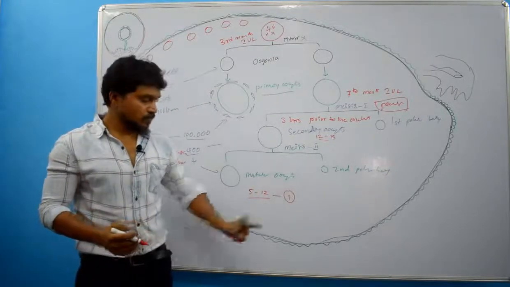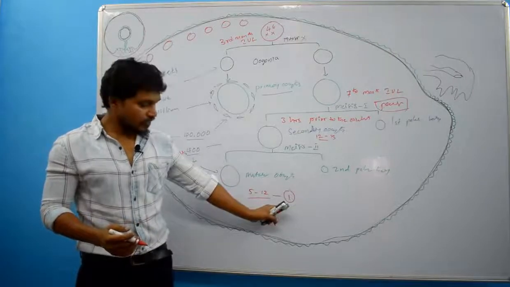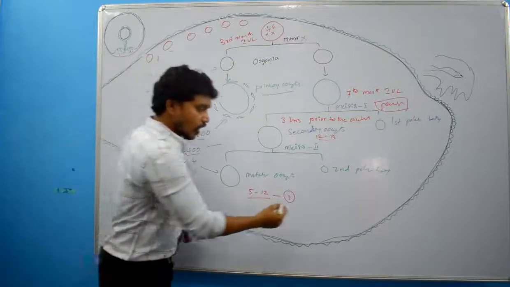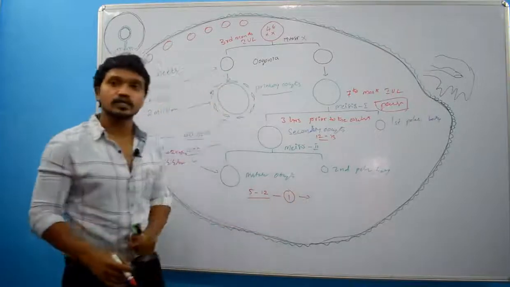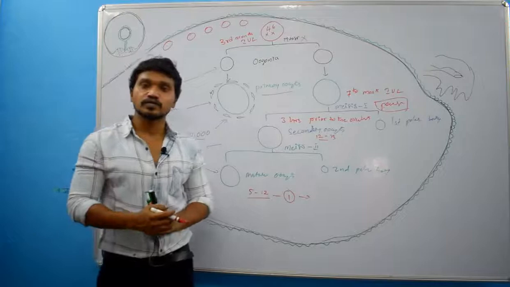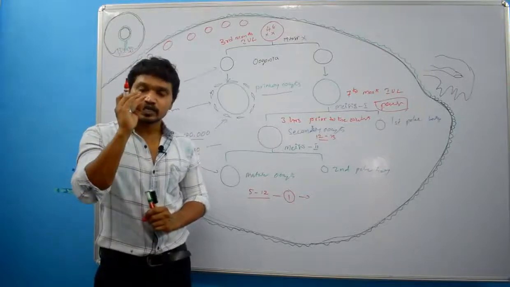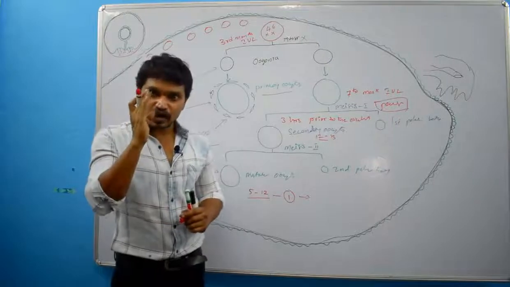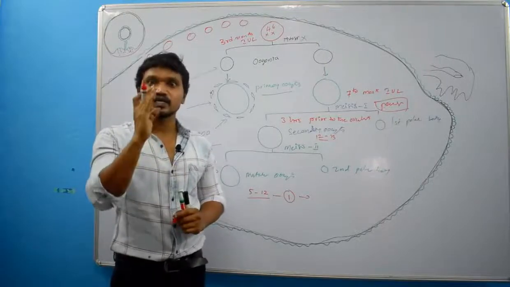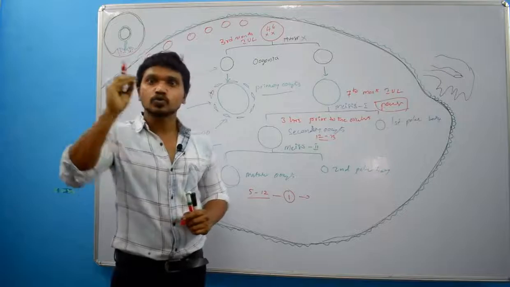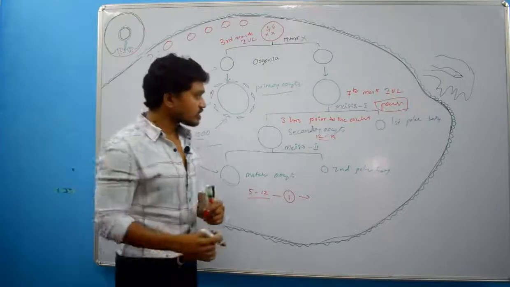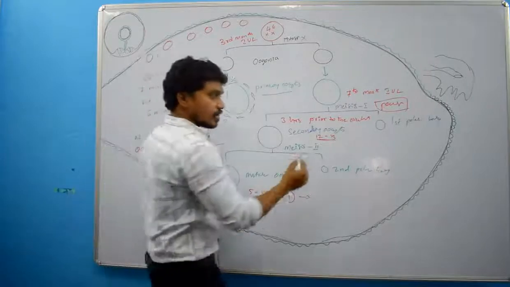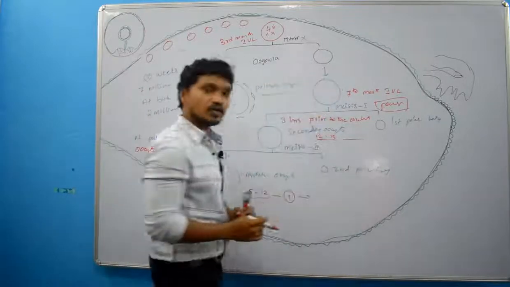Right? So if you take one every month, how many months will be present in the reproductive age of females? Actually, the reproductive age of a female is the lifespan or period between menarche and menopause. Menarche starts around 12 to 13 years and menopause means what?